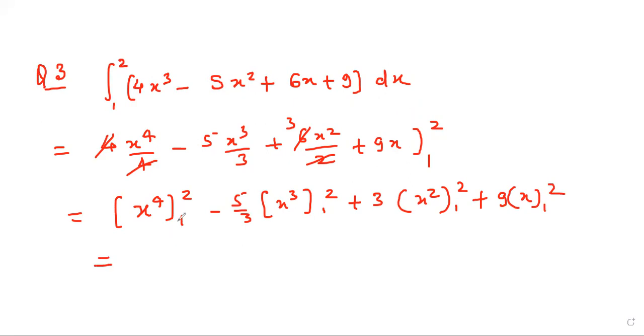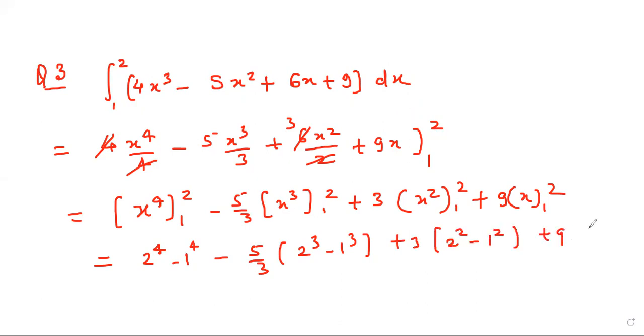We put the values, so it will become 2 power 4 minus 1 power 4, that's 1, minus 5 by 3 into 2 power 3 minus 1 power 3, plus 3 times 2 power 2 minus 1 power 2, plus 9 times 2 minus 1. If we evaluate it, we will get 64 by 9. Now, let's go to question number 4.